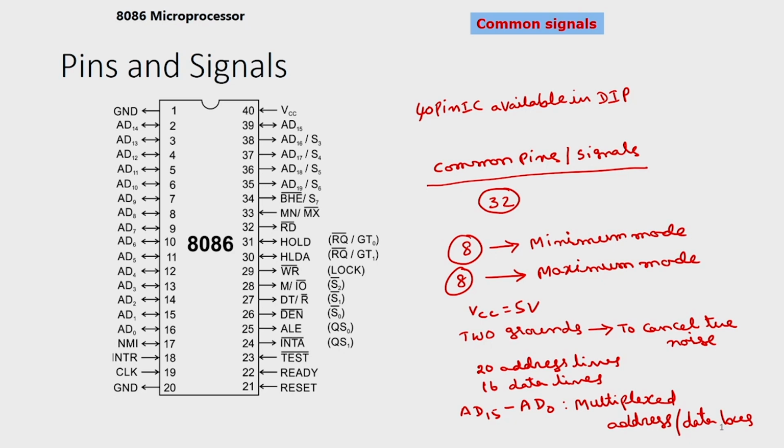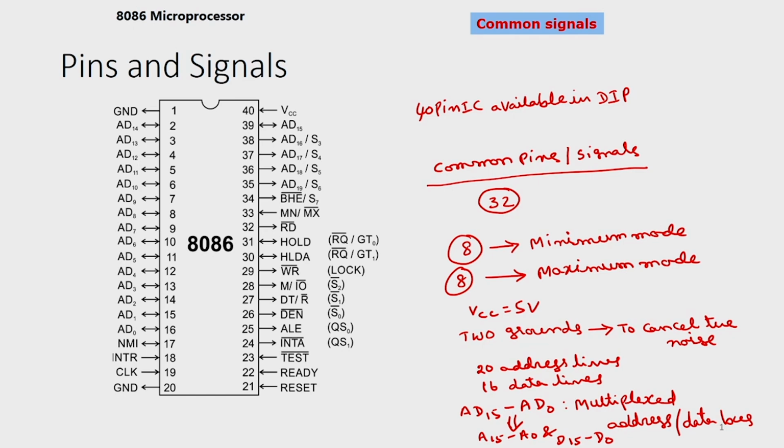That is another condition. If I split it into 2 parts, this is A15 to A0, which is the lower order 16 bits of address, and D15 to D0, the entire 16 bit data bus. So, when will this multiplexed bus be used for carrying the address? And when will it be used to carry the data?